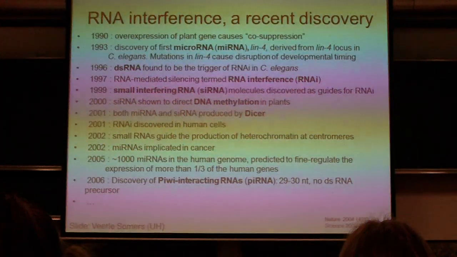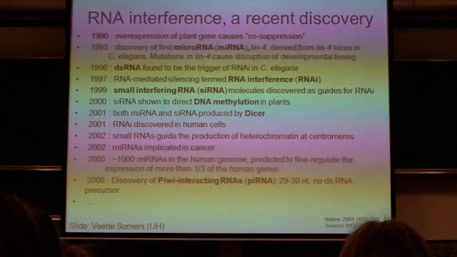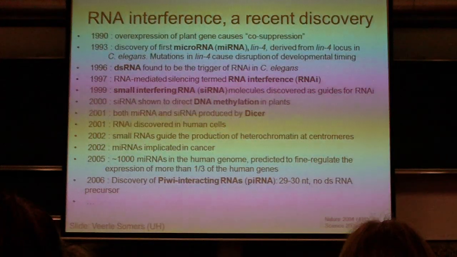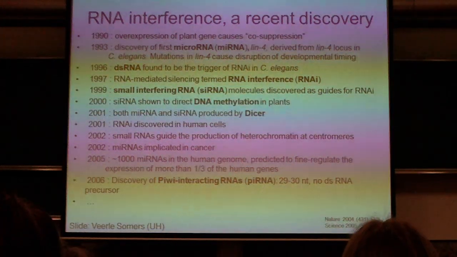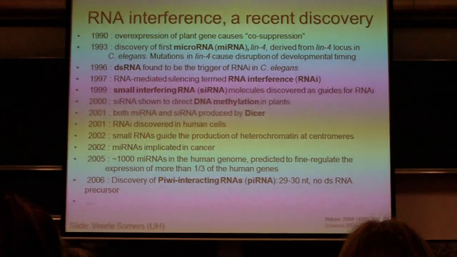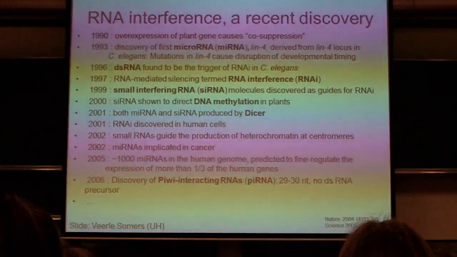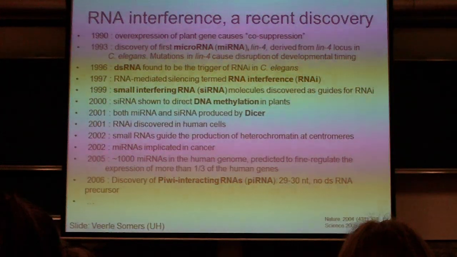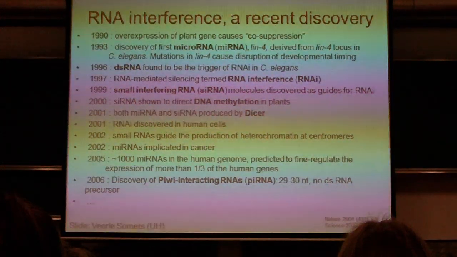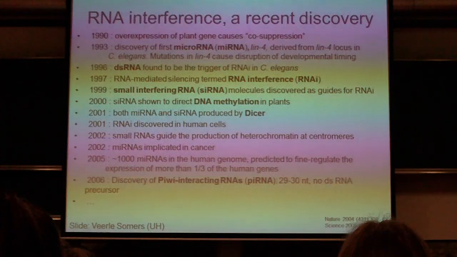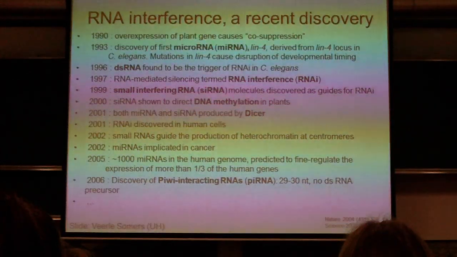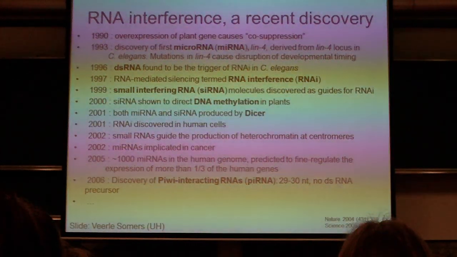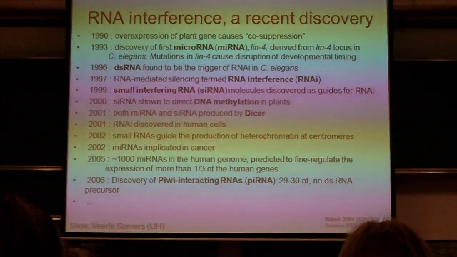On the one hand, by RNA interference, so targeting already transcribed messenger RNAs and preventing them from being translated into protein. On the other hand, by other epigenetic mechanisms, for example, targeting chromosomes and modulating methylation, the binding of transcription factors, those kinds of things.